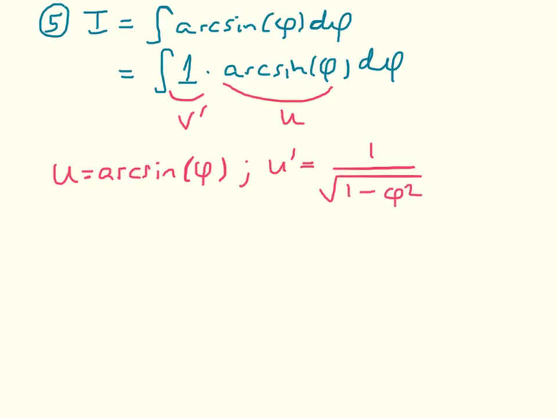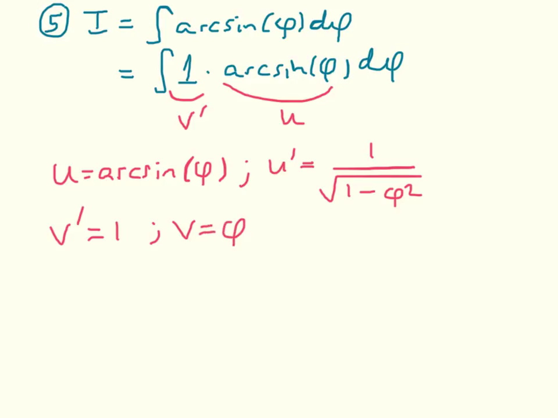And if we know this result, we can calculate this integral. So now, the other factor, v prime, is 1, and the integral of that is just phi.